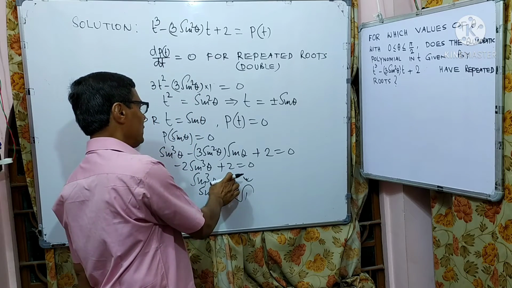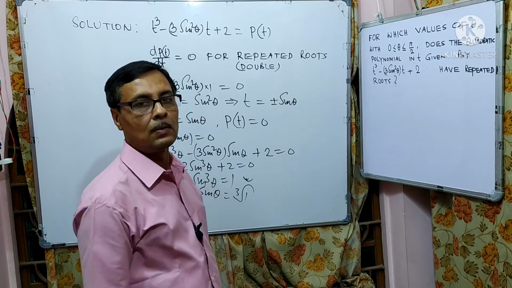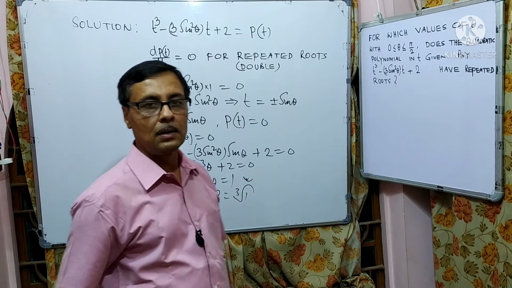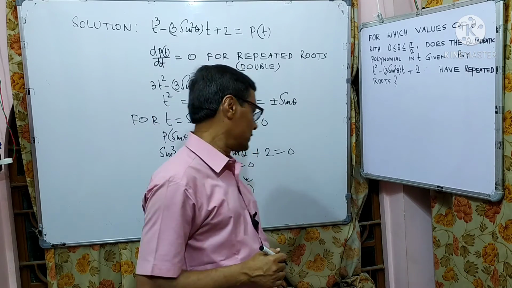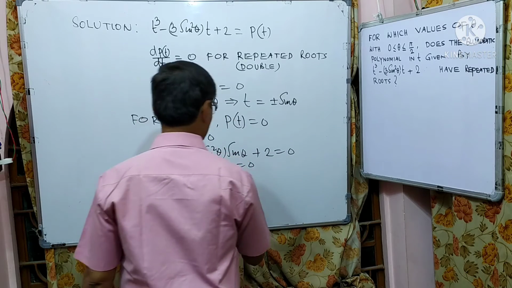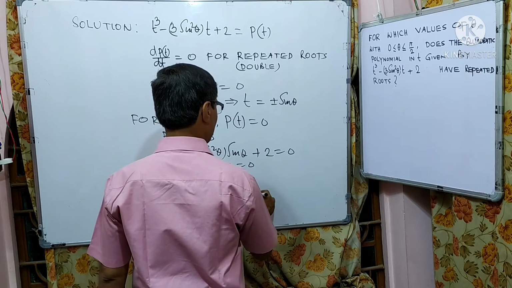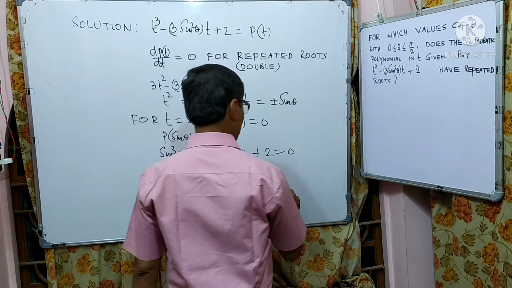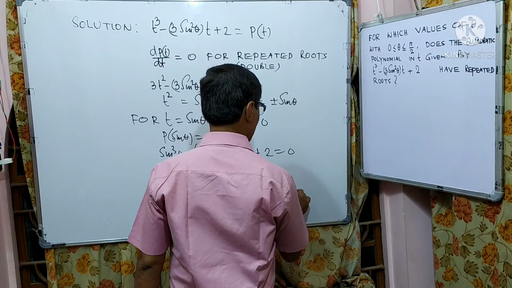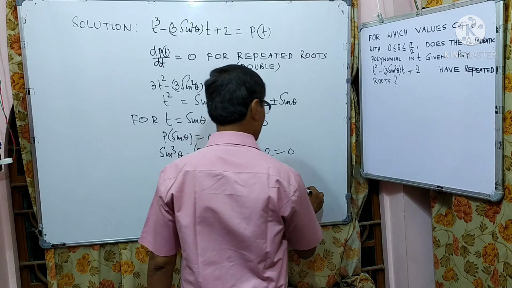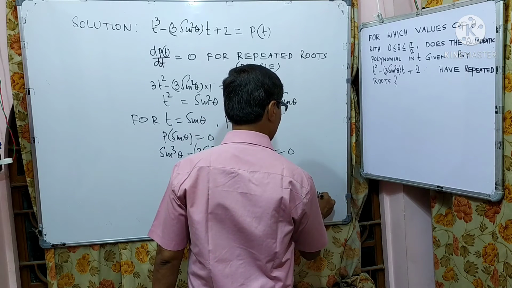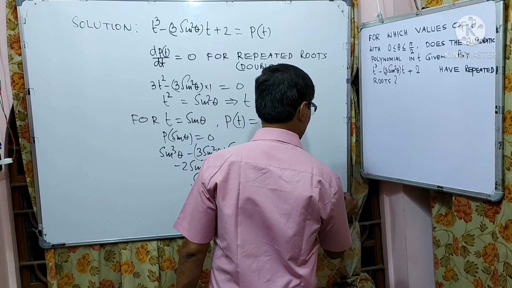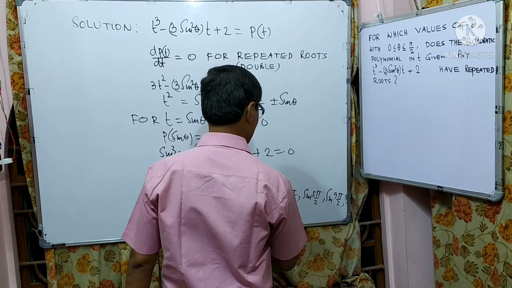Only one cube root of 1 is real, and the other 2 are imaginary. So the real root is sin theta equal to 1, and 1 is equal to sin pi by 2, sin 5 pi by 2, sin 9 pi by 2, and so on.